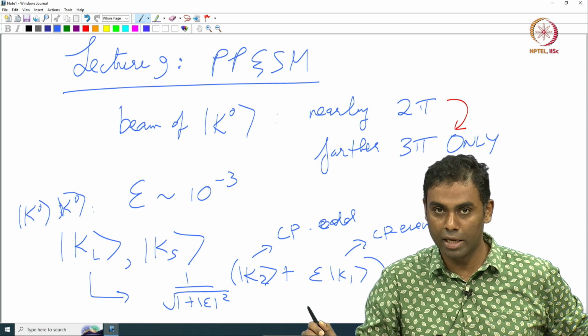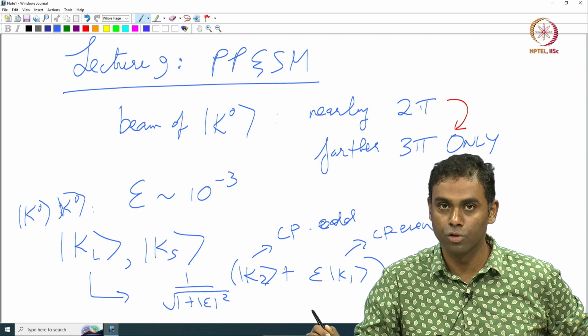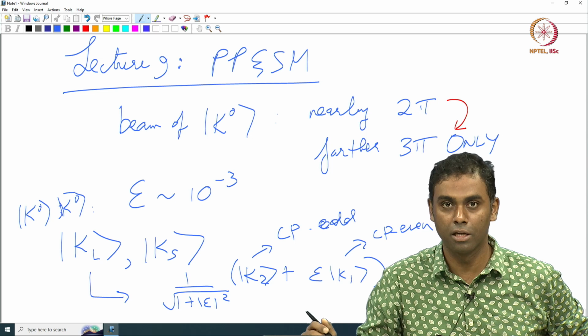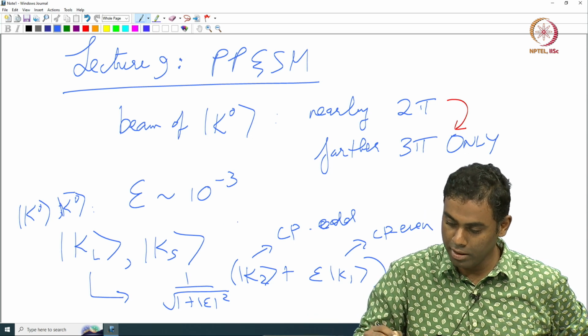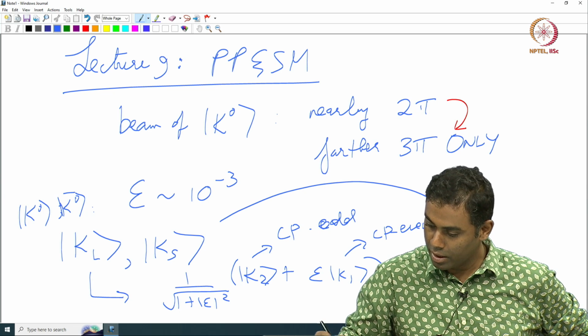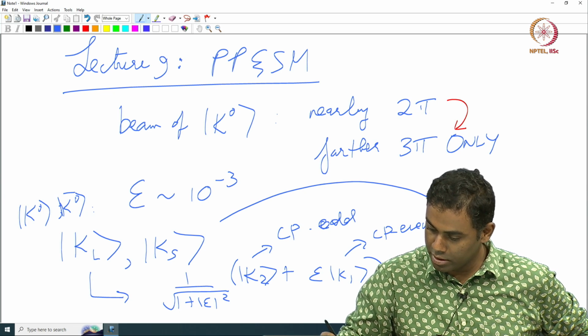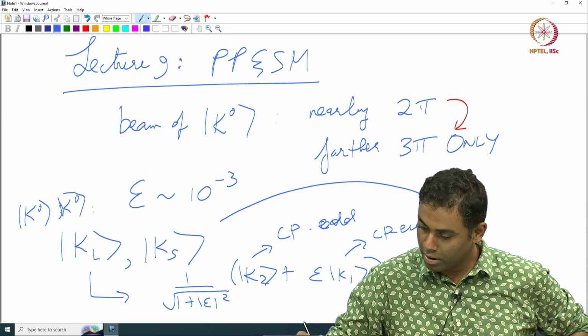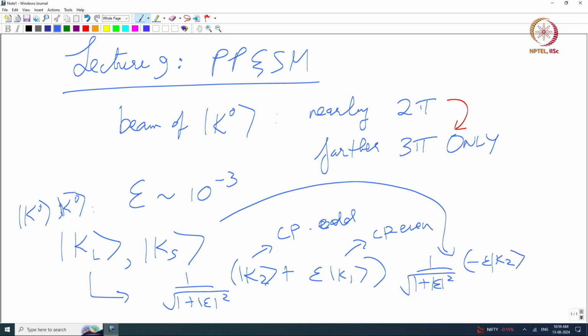Why is this K long? That is because this is the one that goes to the 3 pions, right, this is the longer lived state. And similarly K short we had written as this, right, just to jog your memory. Good.